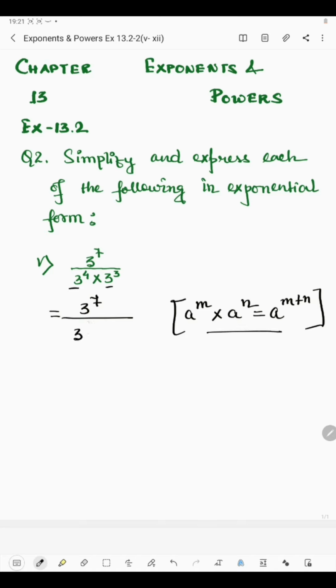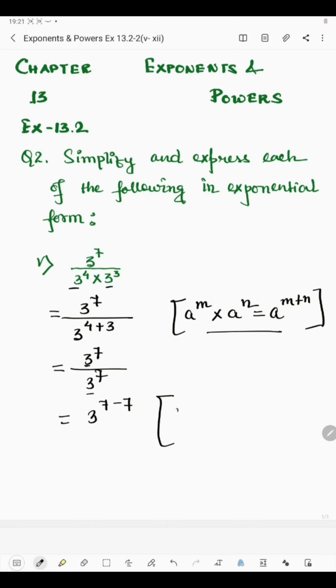So it will be 3 raised to the power 4 plus 3. Now here in the numerator we have 3 to the power 7 and in the denominator if you add 4 and 3 then we will get 3 to the power 7. Now here we have the same base and in between a divide sign is there. So we will subtract the powers.